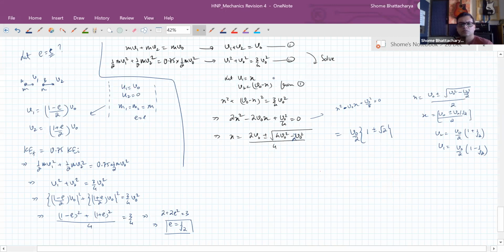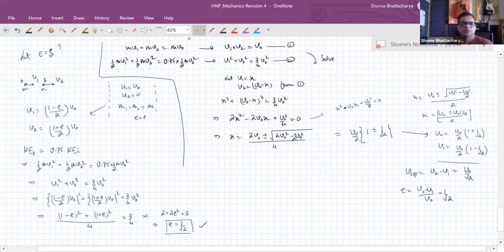One minus 1 by root 2. From this also we can see that separation velocity is V2 minus V1. So that will become V0 by root 2. So E is equal to (V2 minus V1) upon V0, so 1 by root 2. That matches this.